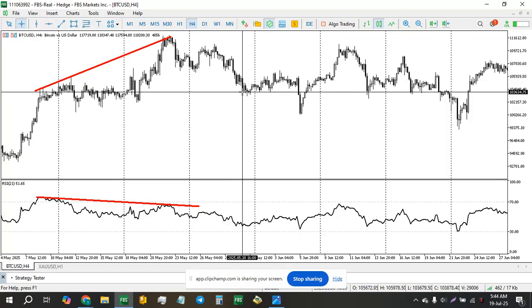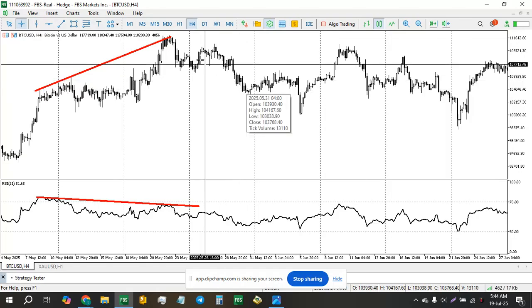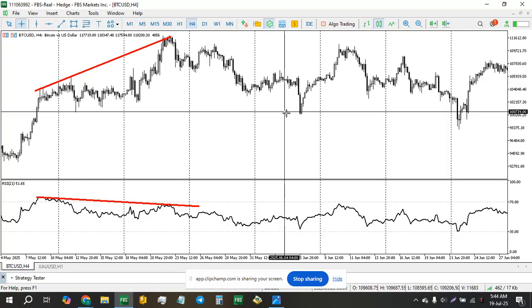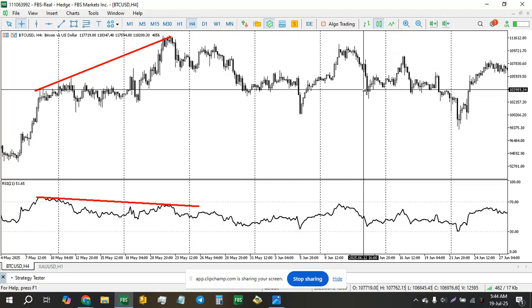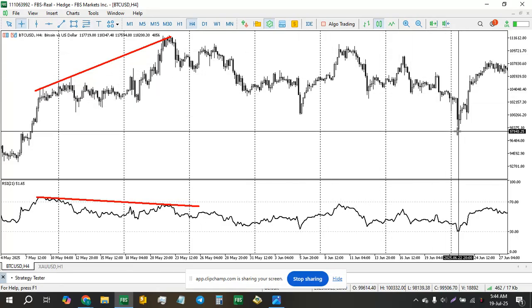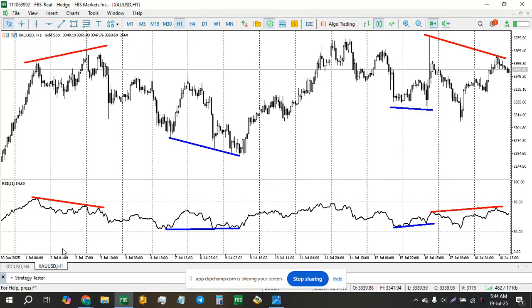For the C, you can see the five waves clearly. This is one, two, three, four, and five. So also I highlighted some here on gold. You can see we also have the same thing here, a regular divergence, same as the previous example.